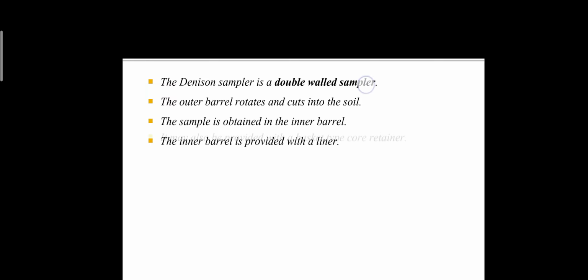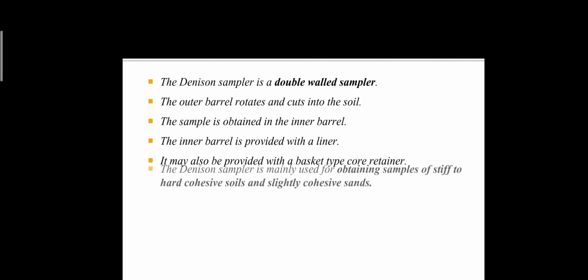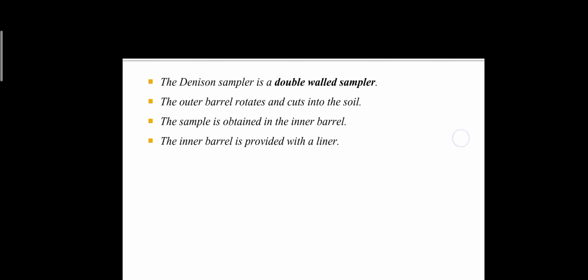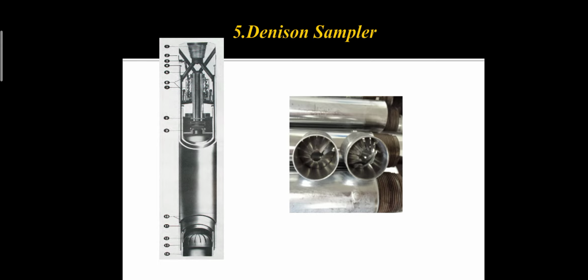As the inner barrel collects the samples, it should be coated with small liners, and it has core retainers. What are core retainers? When rocky samples are collected, similar to the spring core catcher, we have retainers.